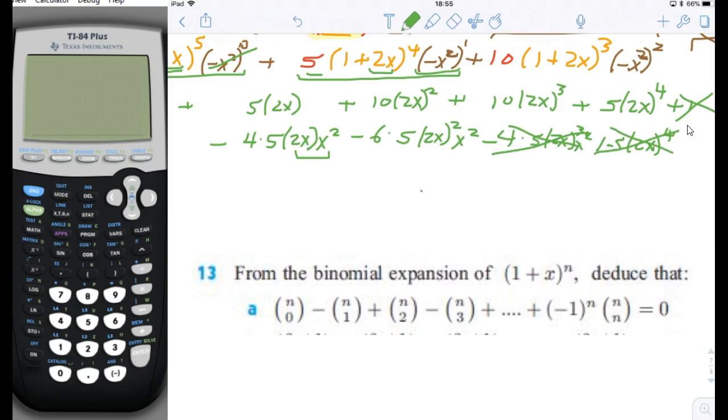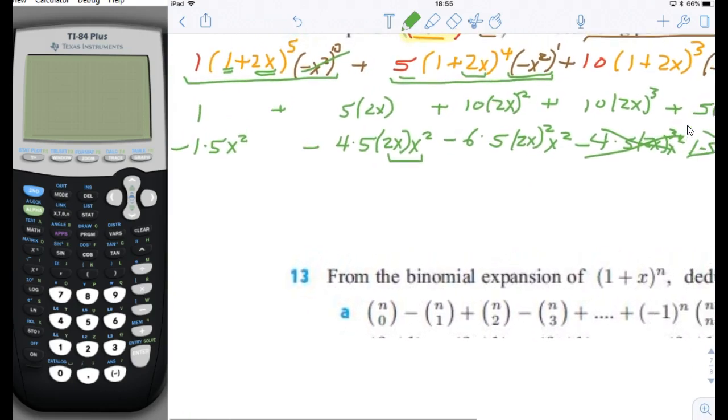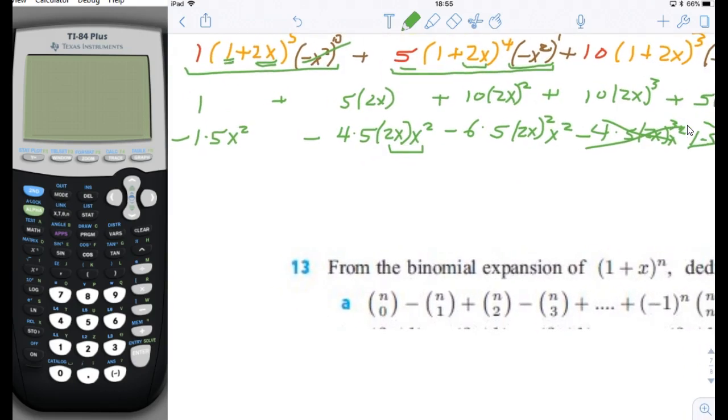Okay? So we basically have this one, which is negative 5x squared. We have this one, which is negative 40x cubed.